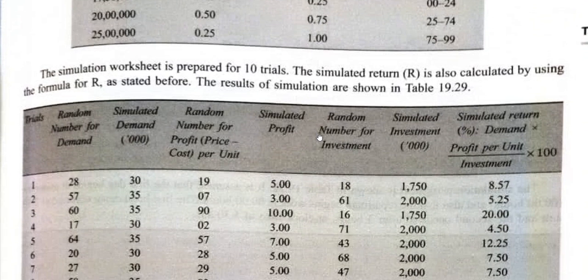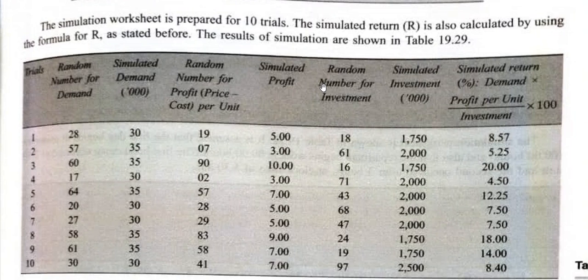Now, the question asks us to input 10 trials in our simulation, and then find the value for R for each of those trials. R is the return.